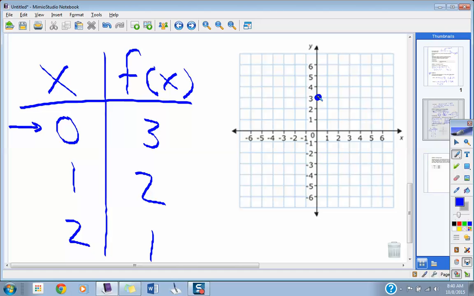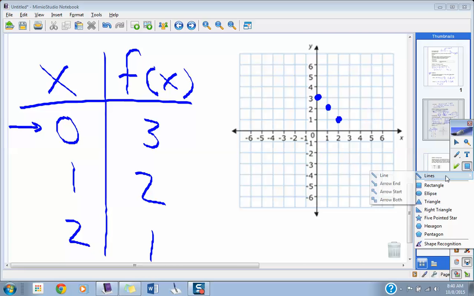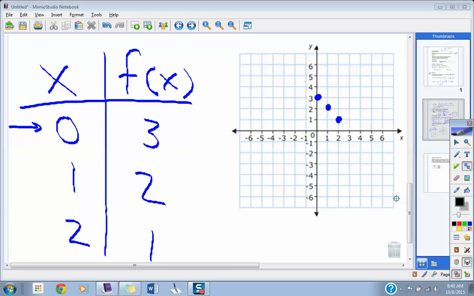Next point you're plotting would be 1, comma 2. So right 1, up 2. And then finally right 2 and up 1. And it looks like to me the type of graph that's being formed here is some kind of a line right here.